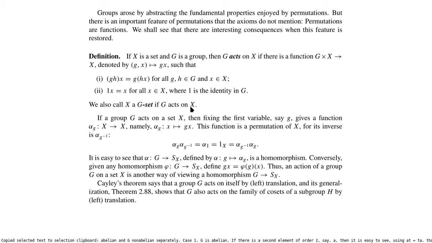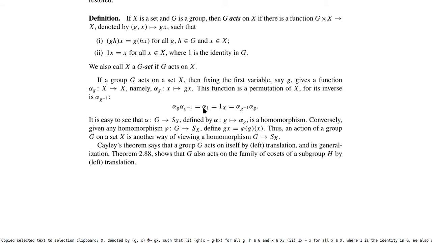So you have two elements from the group and the set, and these conditions ensure that you have a group-like structure on X. So X is now going to be a G-set, right? Because your set is acted upon by the group G.